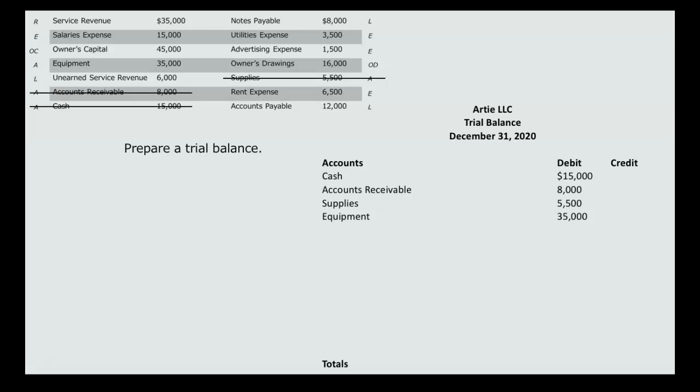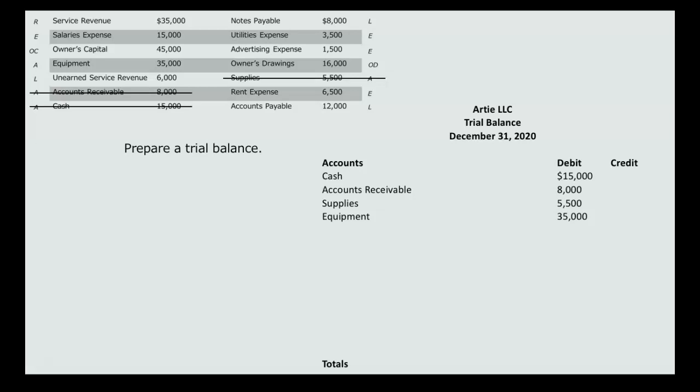Now, unlike a balance sheet, we don't actually separate our different types of accounts, right? On a balance sheet, we separate our assets, and then we have a category for our liabilities, and then we have a category for our owner's equity.